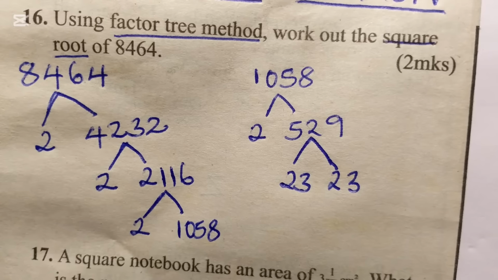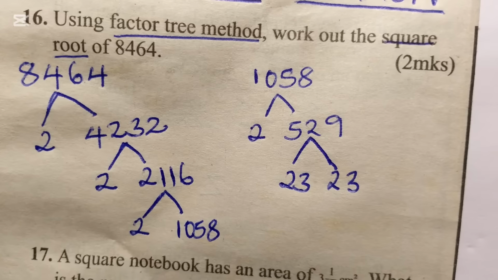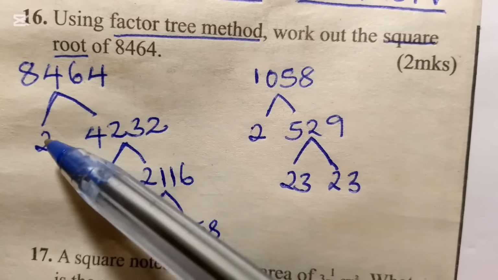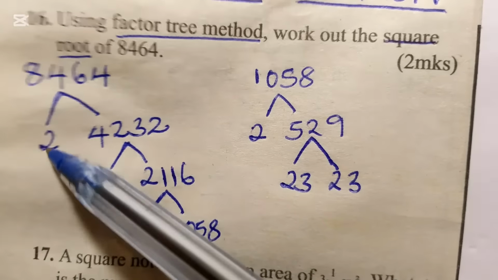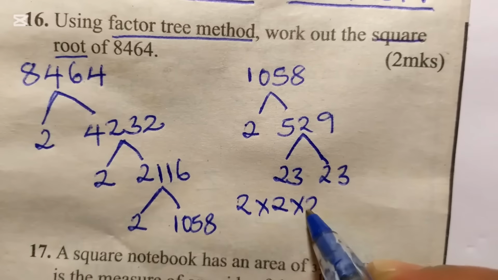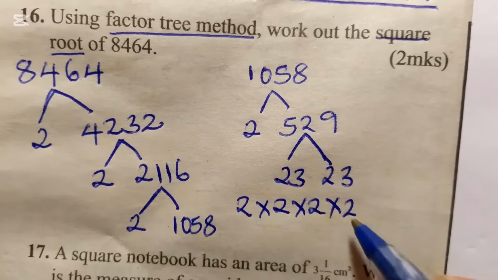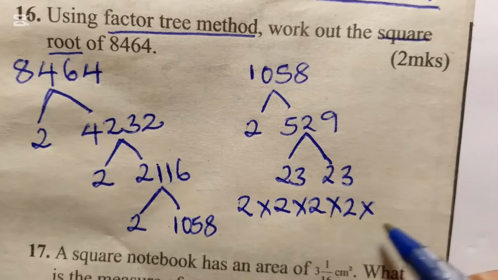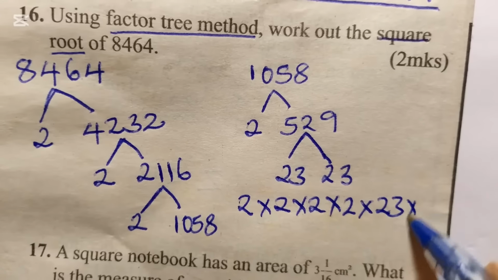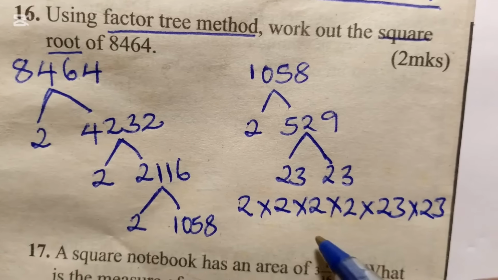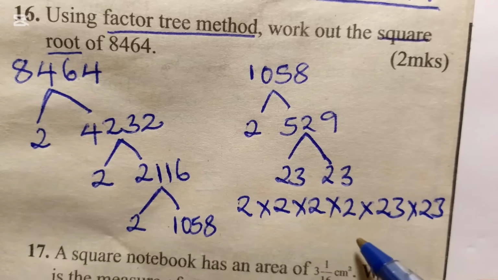So let us write how many 2's we have. 1, 2, 3, 4. So you'll have 2 times 2 times 2 times 2, then times 23 times 23. We have 4 2's.